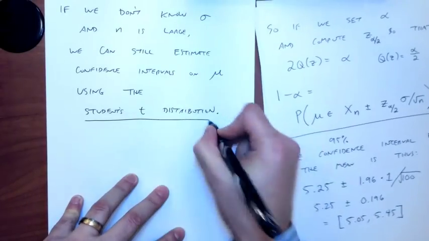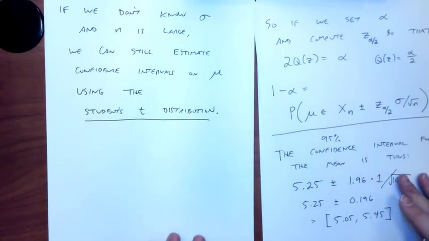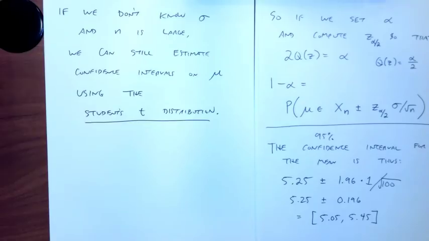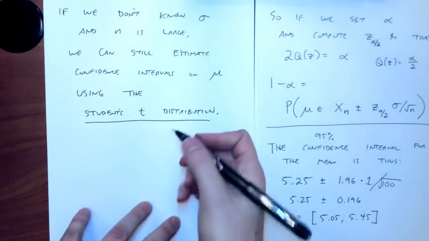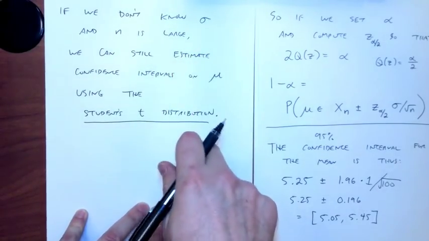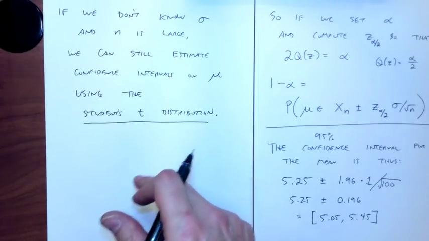Okay, so I'm not going to teach that in this class. This is something that if you took a statistics class instead of probability, you'd be doing this t-distribution stuff, right? So again, it's just a different table lookup problem, right? So instead of a Q table, you're using a more generic table, okay? But yes, if you didn't know sigma, you could use the t-distribution table to help you with that.